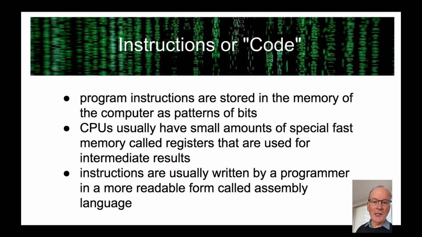Additionally, I introduced the idea of registers and index registers, which are memory, but they're very fast memory, and there's only a small amount of it, and generally they're addressed specially inside the instruction. And when you write machine code, you usually write it in a shorthand that's more human readable called assembly language. And assembly language is then converted into the machine code.